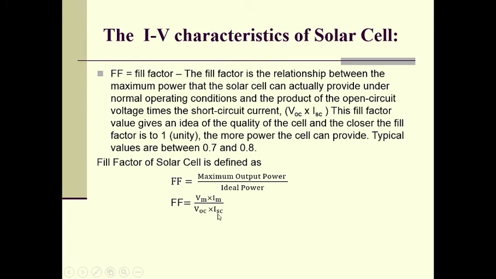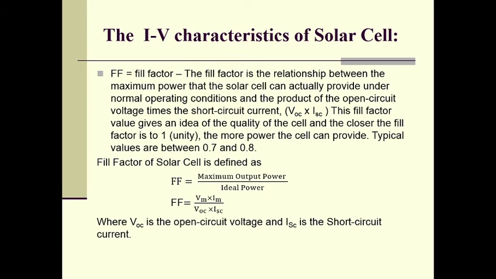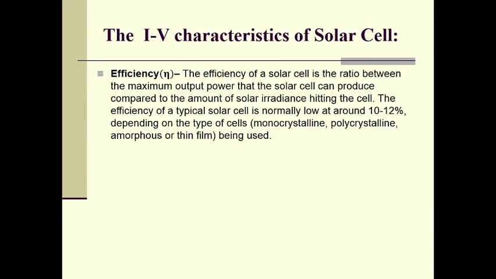So we will get the fill factor of the solar cell, and the typical value falls between 0.7 and 0.8, but if it is close to 1, that means the quality of the solar cell is better, where VOC is the open circuit voltage and ISC is the short circuit current, that we know, right?